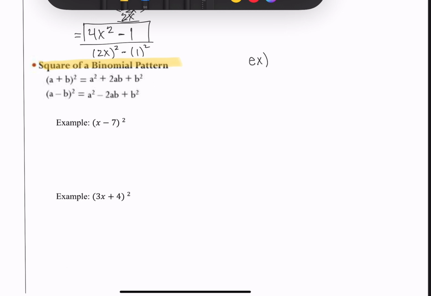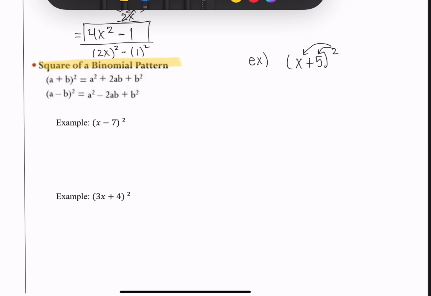All right, so let's do the square of the binomial. How about x plus 5 squared? Now, some of you will get really excited and you'll want to square the first term and square the last term and be done, right? Some of you will say, oh, I'm allowed to just distribute this exponent. There's no rule in math that says that you are ever allowed to distribute an exponent.